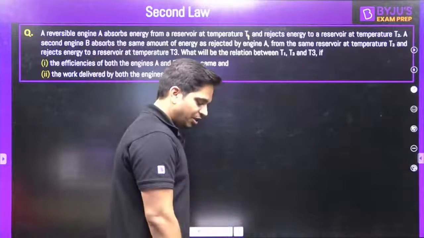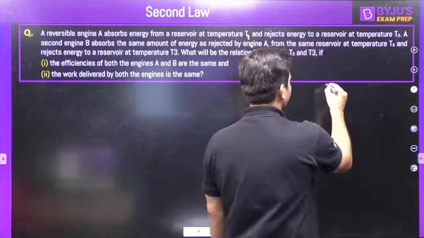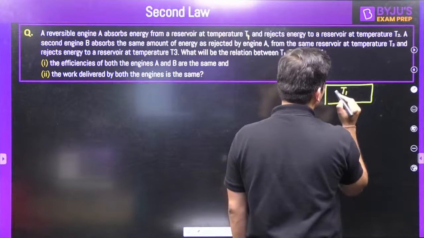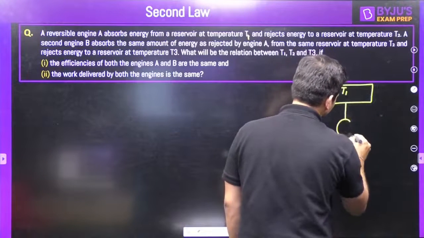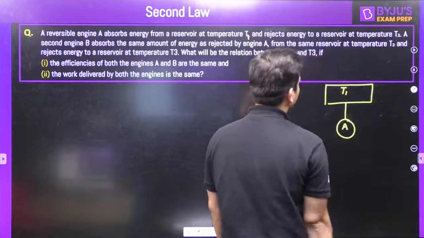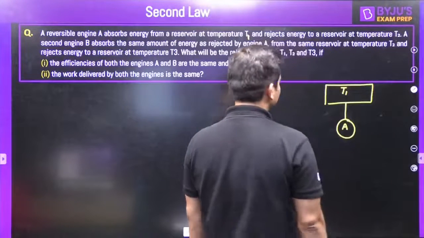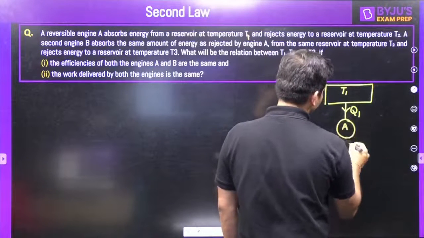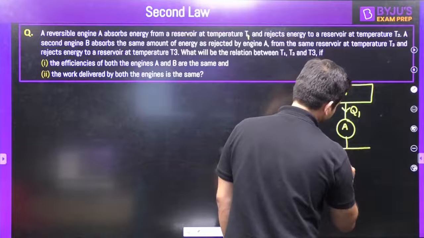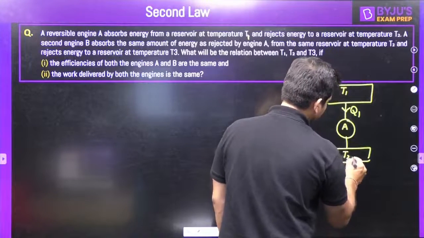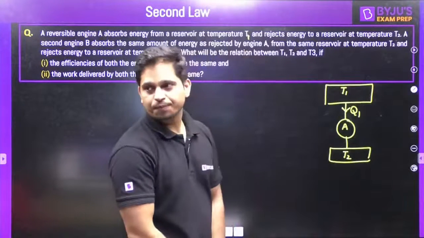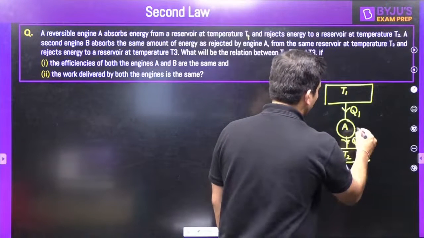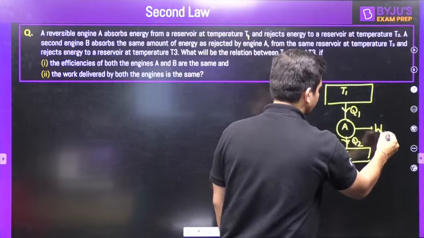What will be the relationship between T1, T2 and T3 if, so we have a reservoir at temperature T1 and a reversible engine that is absorbing heat Q1 from this reservoir. Then we have a reservoir at temperature T2, rejecting heat Q2 and producing work output WA.